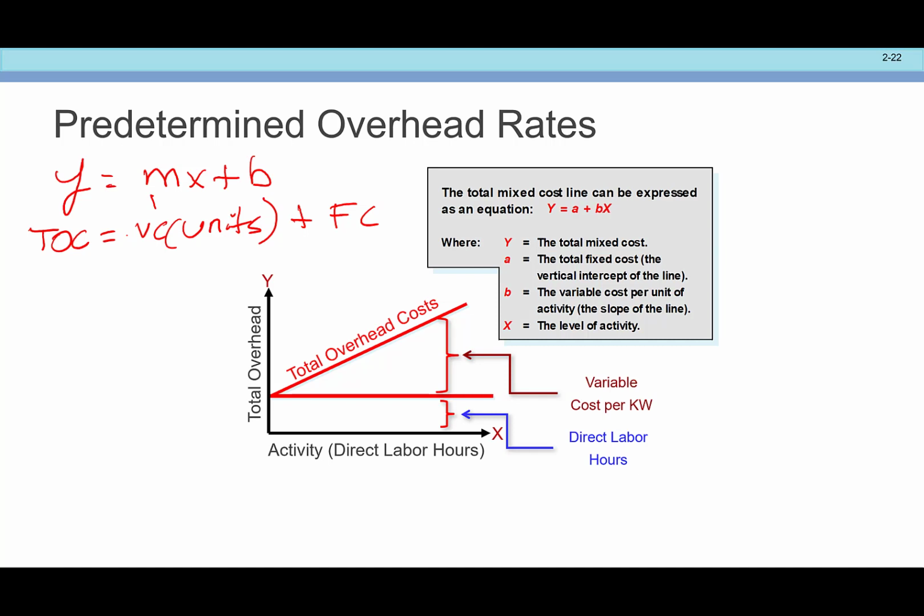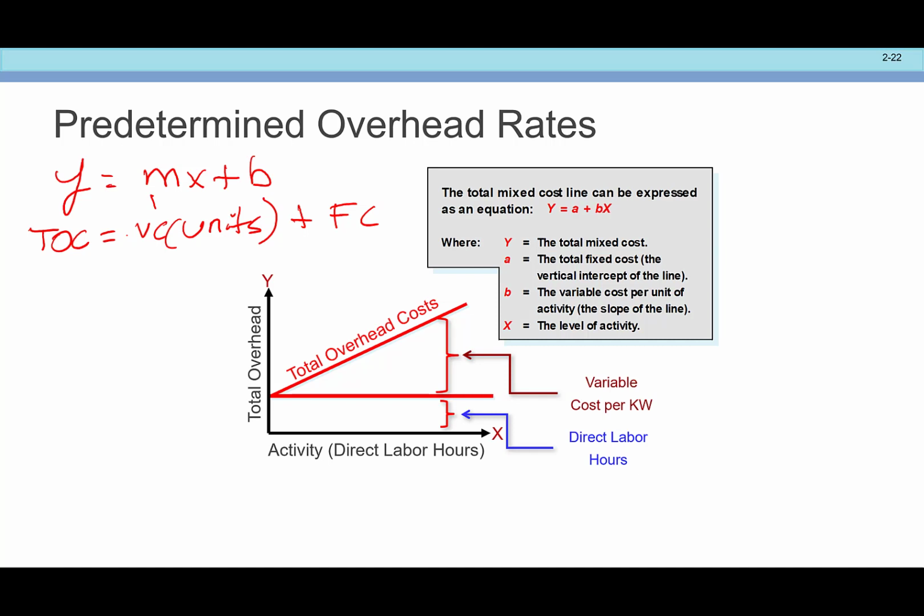Well, these letters are nomenclature, if you will, that is used in regression analysis. What regression analysis does is it basically takes different data points and maps them to a line like this.